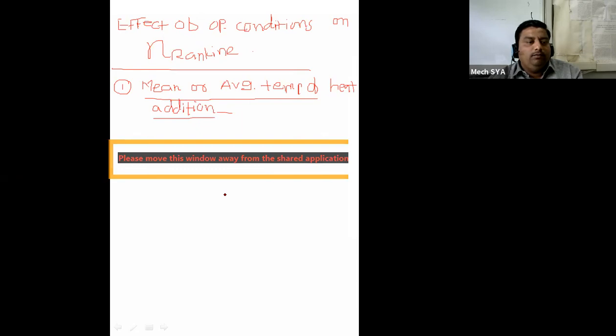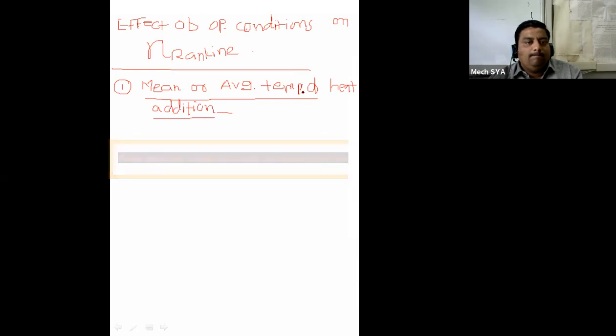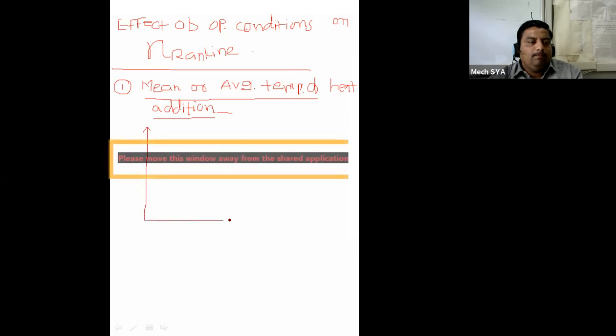Mean or average temperature of heat addition. Mean or average temperature of heat addition. TS diagram.